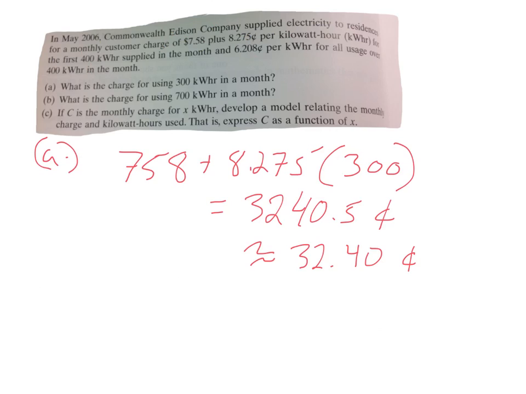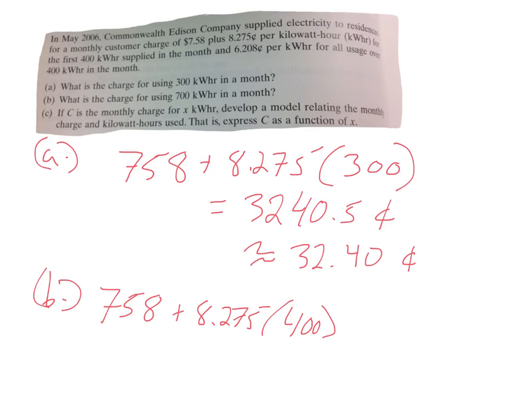And for part B, what is the charge for 700 kilowatt hours? Well, how am I going to calculate that? I have to start with my 758. Then I have to add 8.275 times 400 for the first 400, right? But then they charge you a lower rate for every kilowatt hour over 400 hours per month.